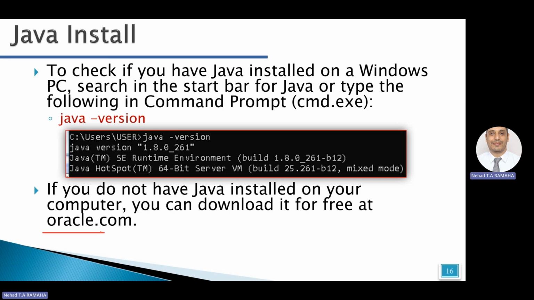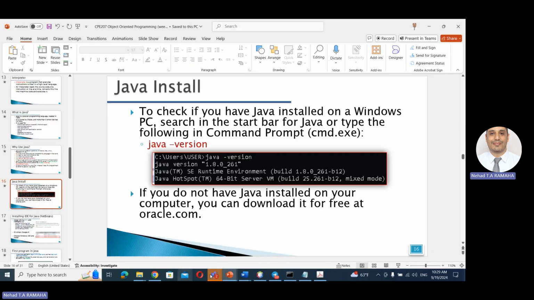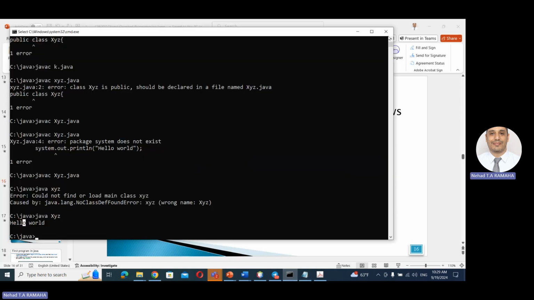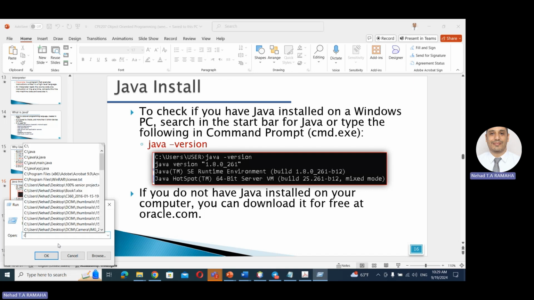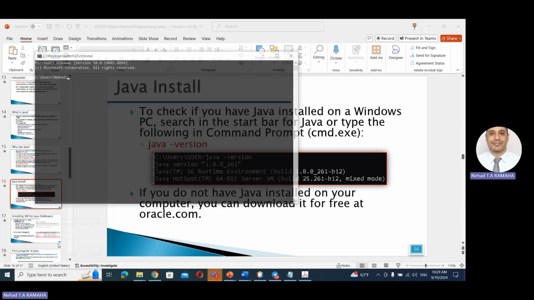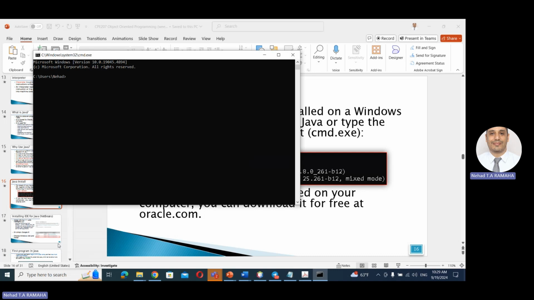To check if you have Java on your device, you can go to the command line, run cmd, then check using java -version. You will see the version of Java if you have it.